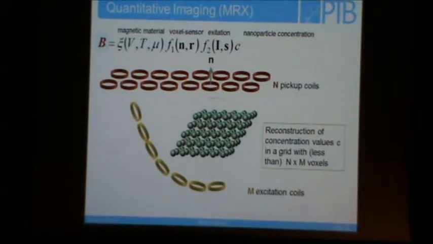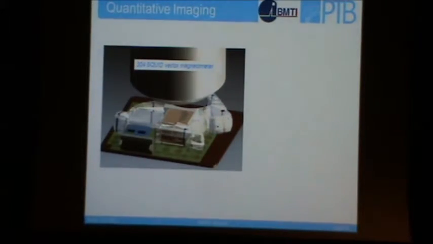And altogether, we can solve this set of equations to interpret our measurements, and we end up at an image of the particle distribution. We have done this up to now in a phantom. This is, as you may realize, not a living animal, although we tried our best to let it look like a rabbit. And we have put some drawers into this rabbit, which is ethically allowed in this case.